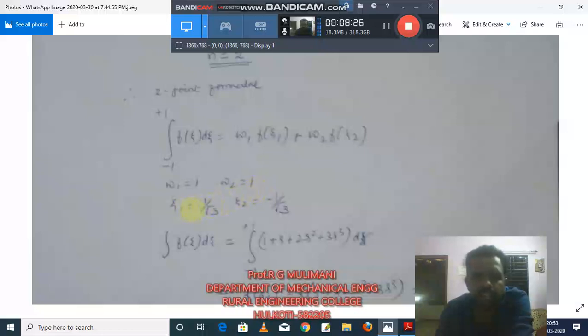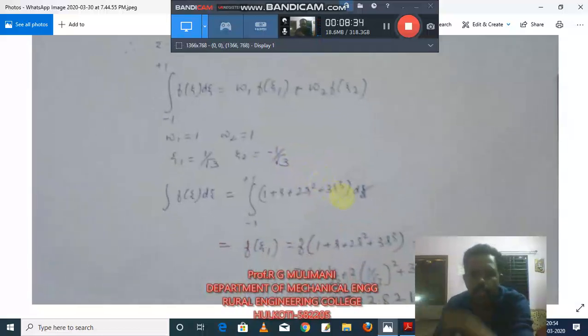Similarly, zeta 1 is minus 1 by square root of 3, and zeta 2 is 1 by square root of 3. Let us substitute the w1, w2 and zeta 1, zeta 2 values here. What is f of zeta 1?